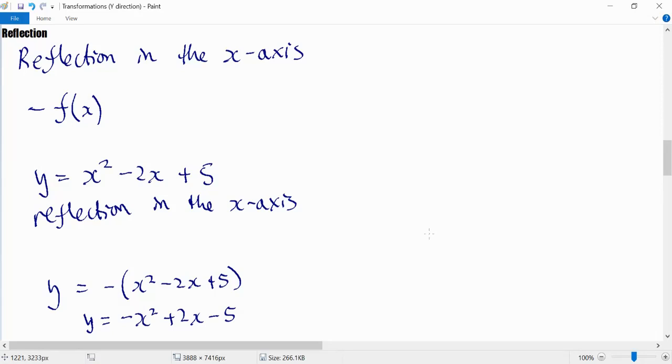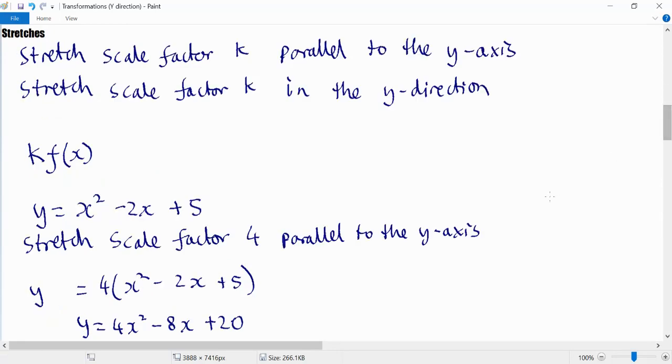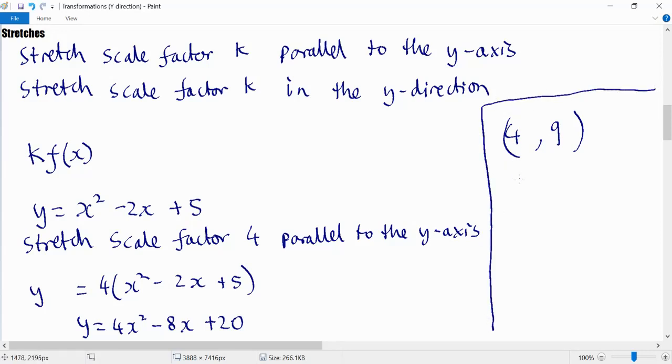Now, something to point out that I forgot to do before: the coordinates. How are coordinates affected? I didn't mention that before. What happens if we have, for instance, the coordinates (4, 9), and we want to do a stretch, let's say, scale factor 5 parallel to the y-axis.